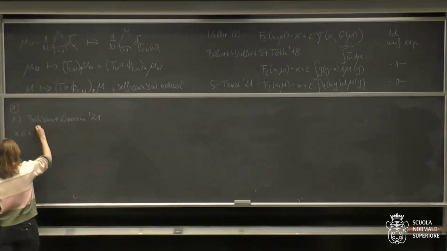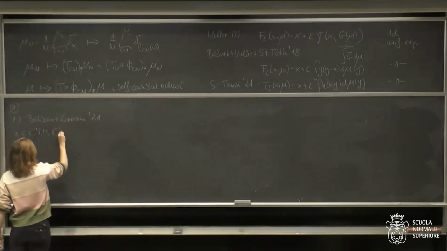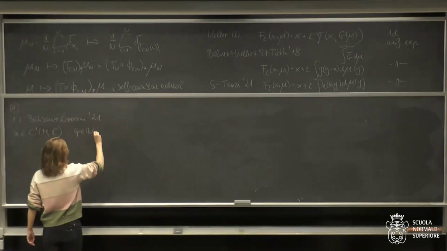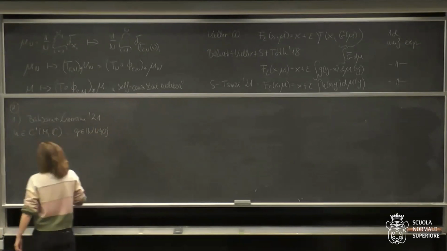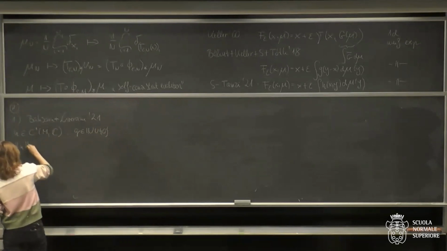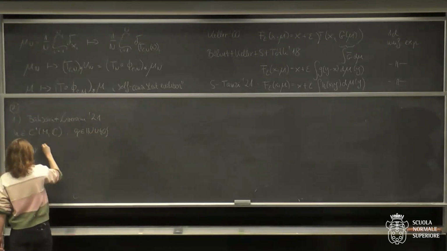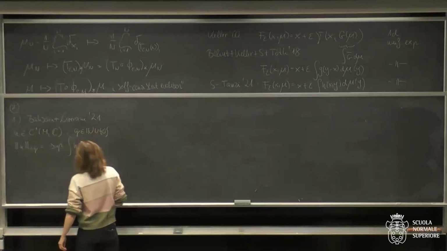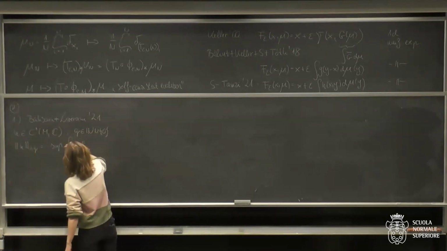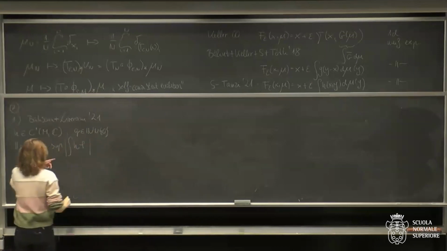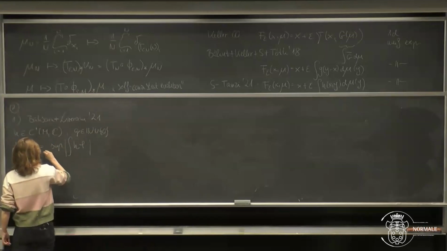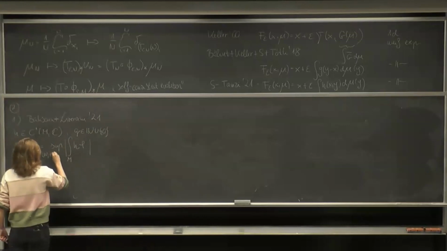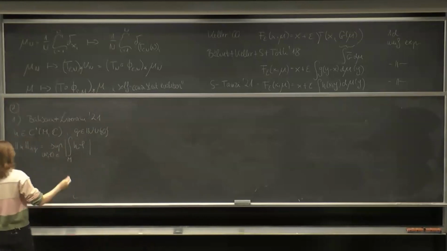Let's take a C1 function on the manifold and some q, an integer or 0. And we define the 0q norm of h as the supremum of the integral of h against some test function, where the supremum goes over pairs of foliations of the whole space M and test functions that are in some good set.